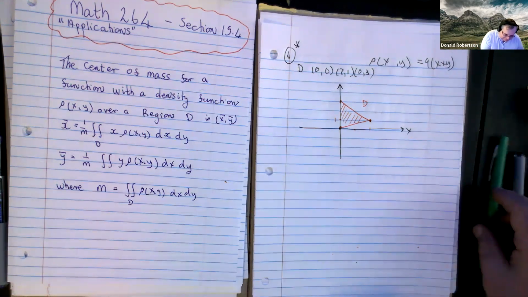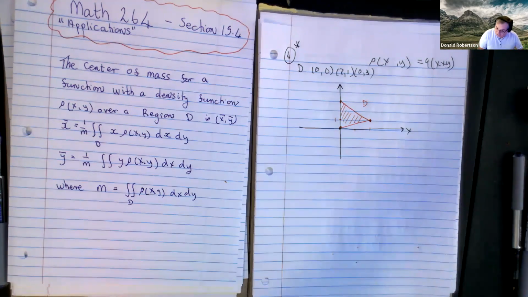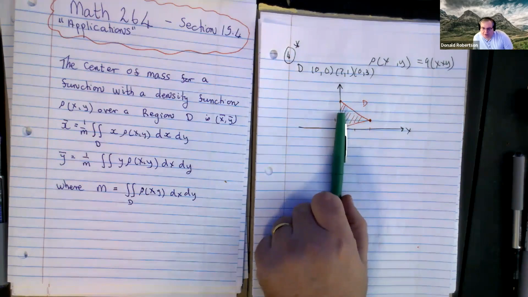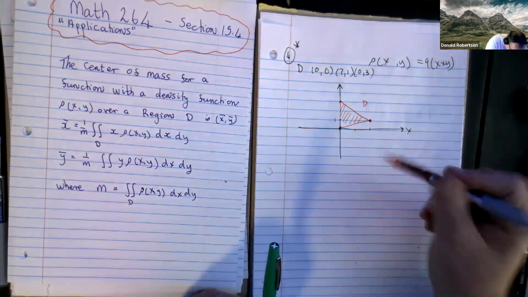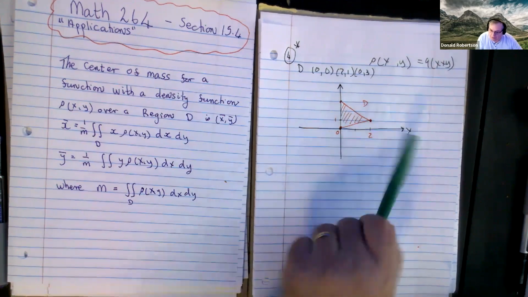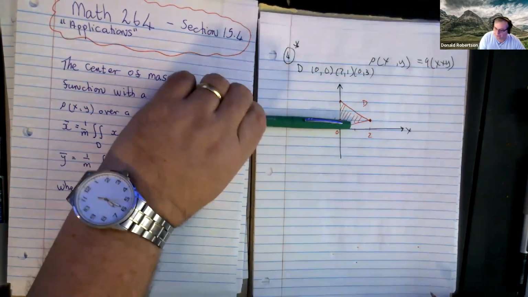And we have a choice. Do I go vertical, which would be x equals 0 to 2, or do I go horizontal?